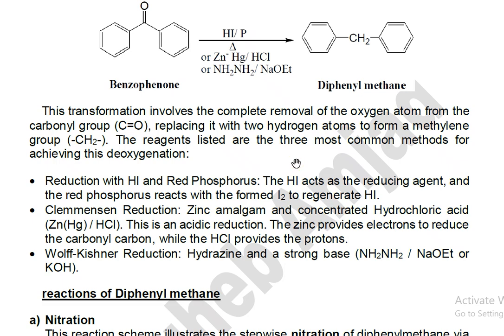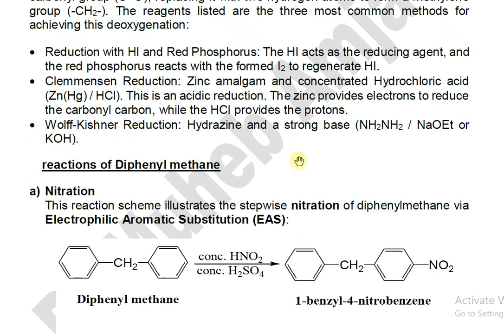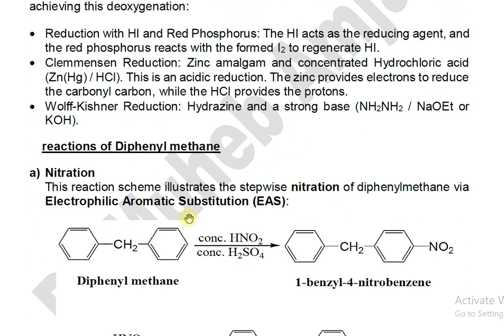So if we talk about the reactions of diphenylmethane, if we go to the nitration, all these groups are ortho-para directing. We said before that the substitution will happen at positions 2, 6 and 4. So the nitration is also an electrophilic aromatic substitution. Use nitric acid and sulfuric acid, and the major product has the nitro group in position number 4.